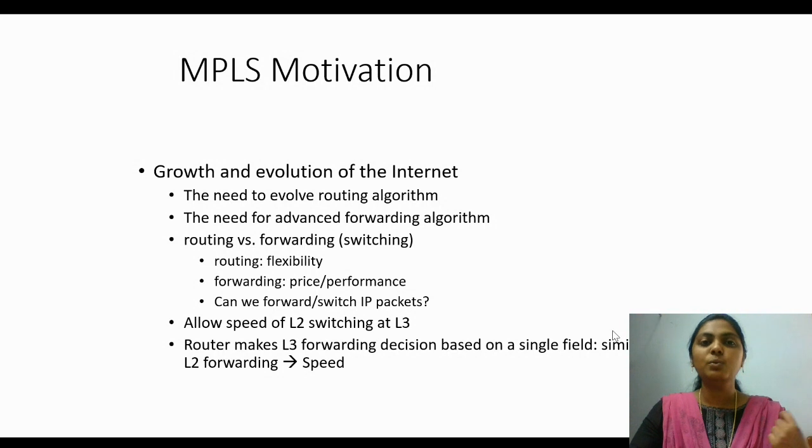We have to get the speed of L2 at layer 3. That is what is expected in the actual scenario, particularly in WAN connectivity. The L2 speed is expected in the layer 3 scenario. So these are the motivations for the MPLS implementation.